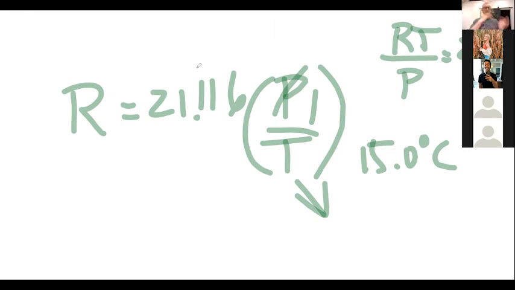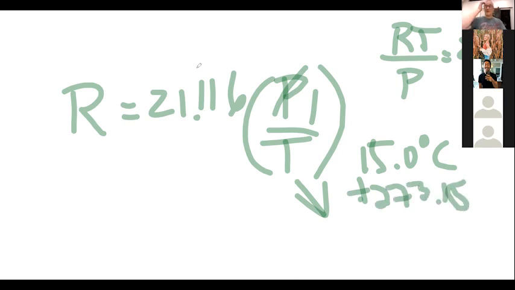How do we go back and forth between Celsius and Kelvin? What do we need to do to our Celsius temperature to convert it to Kelvin? Remember? Add 273. Yeah, 273.15.